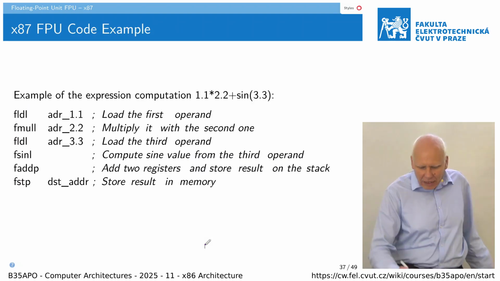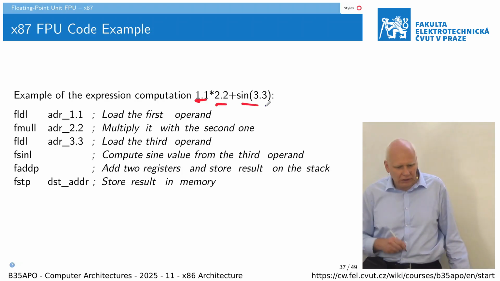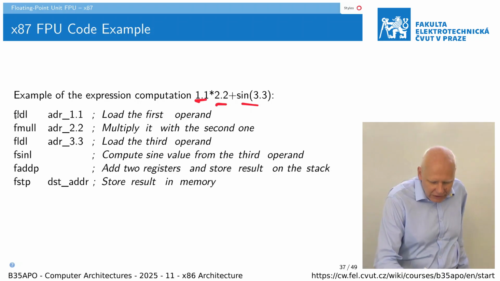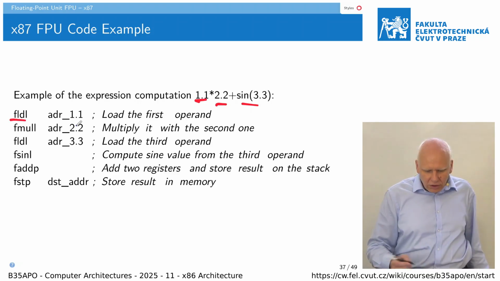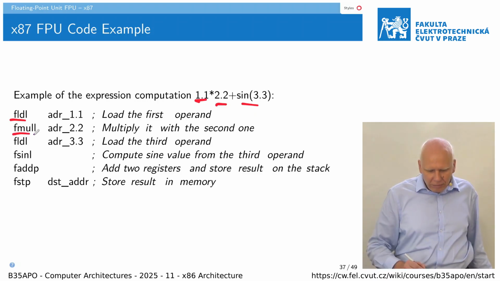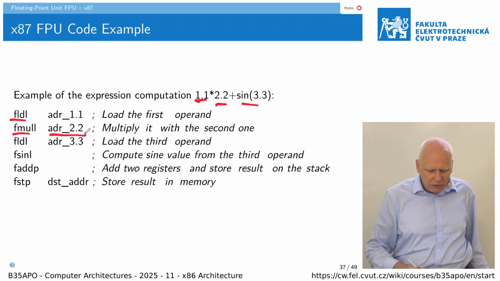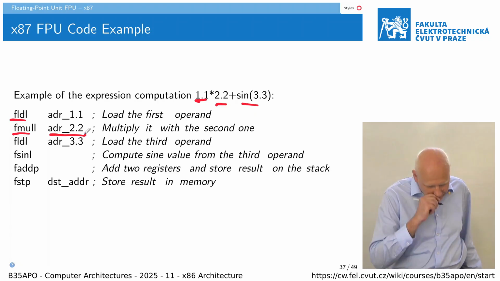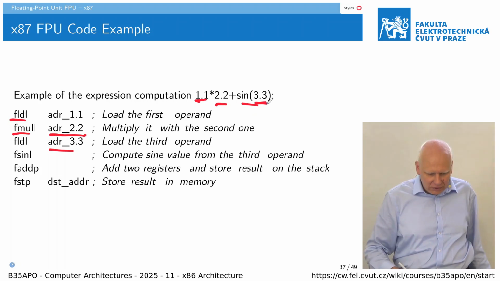So there is an example of how to compute this expression and store the result somewhere. So first we require, okay, we want to load this value. We do a multiplication of the top of the stack with this value in the memory. We can load the third operand, so it is that 3.3.